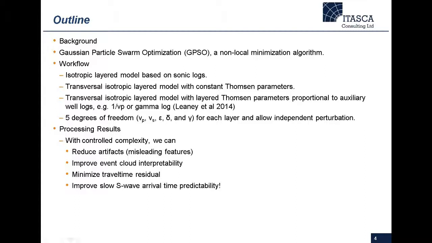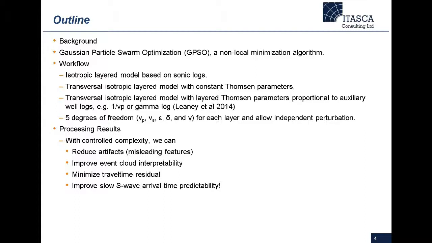The first step is to build an isotropic velocity model, so it's a relatively low dimension and within a very narrow range. Basically, the range is to cover the error, the uncertainty of the sonic log. Then we add Thomsen parameters, and they're constant Thomsen parameters, so that's 3 dimensions. After that, we allow the Thomsen parameters to be depth dependent.